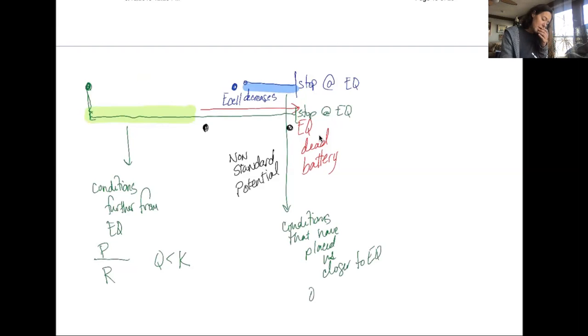Q is still going to be less than K. So it's just going to be not quite as less. So we would see that we have more products. Is that right? Yeah, it is. I'm pretty sure.